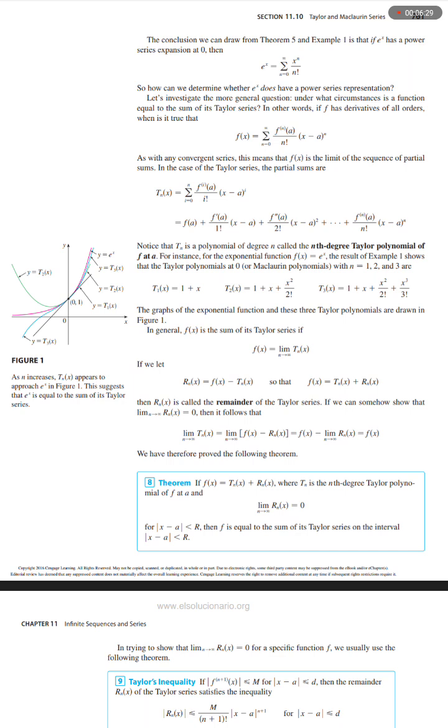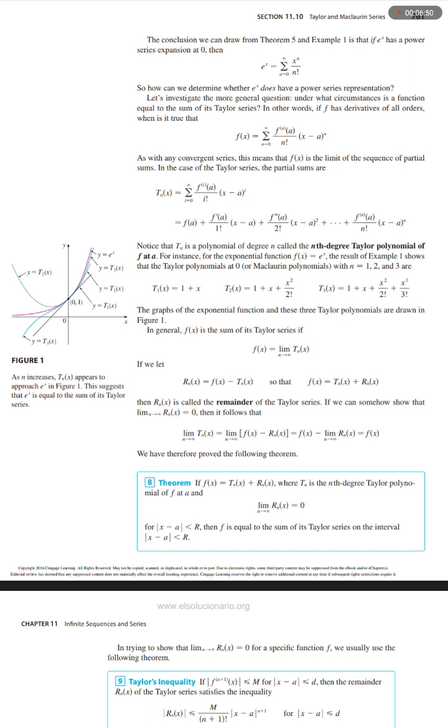If we let R_n(x) equal f(x) minus T_n(x), so that f(x) equals T_n(x) plus R_n(x), then R_n(x) is called the remainder of the Taylor series.